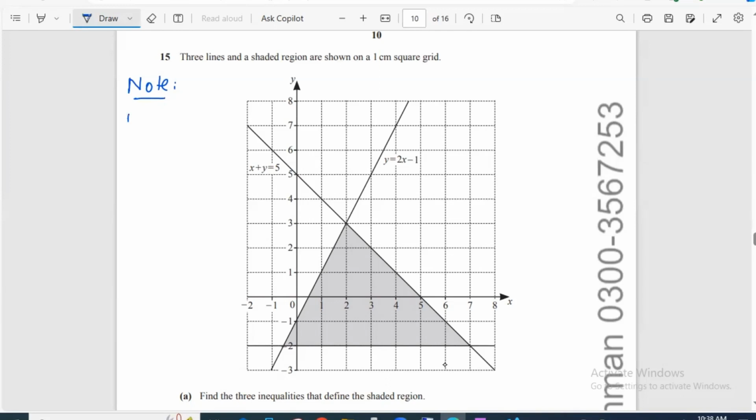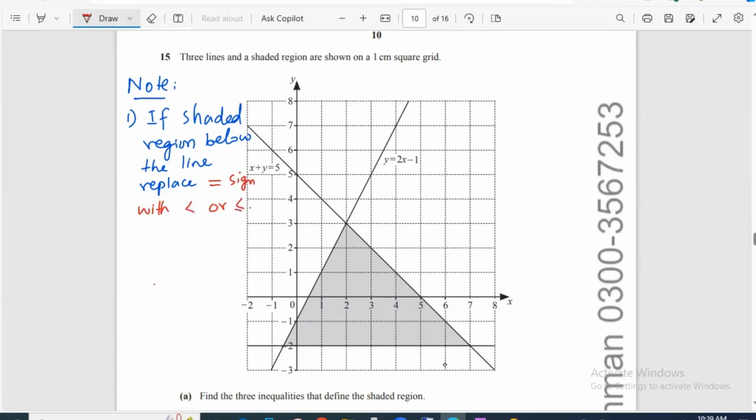If the shaded region is below the line, replace the equal to sign with less than or less than equal to sign, right?